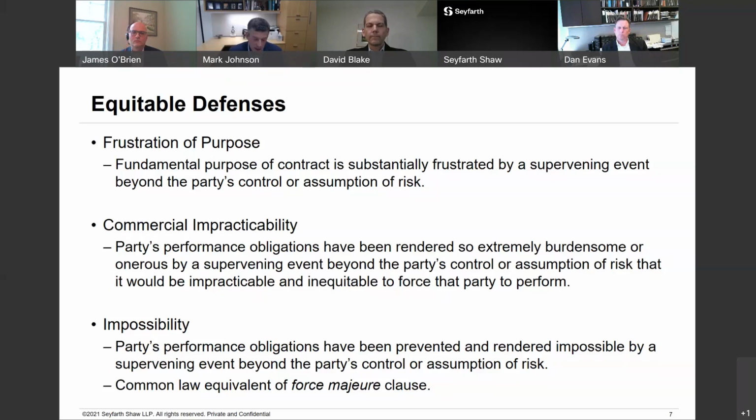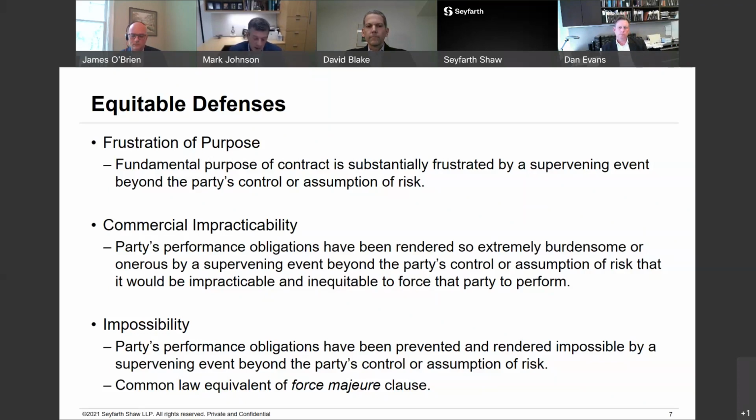The last one is impossibility, where a party's performance has actually been rendered impossible. It's really kind of like the common law equivalent of the typical force majeure clause that we just looked at, which speaks to a party's inability to perform. But here, the dynamic difference is that the doctrine of impossibility doesn't contain the carve-out for monetary obligations that you see in many contract clauses of force majeure.